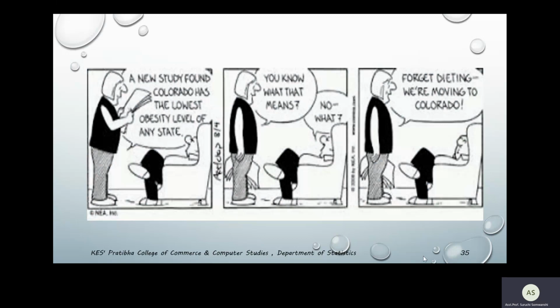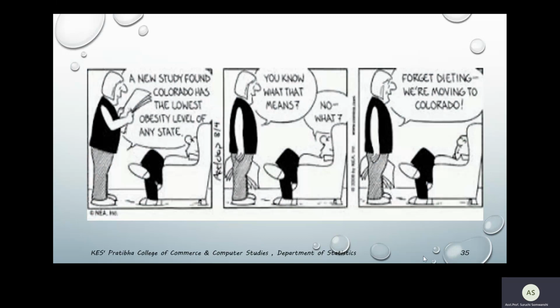So she is thinking that they are living in the wrong state or wrong place. If they move to Colorado, then obviously she is going to lose her weight. But this study only found that Colorado has the lowest obesity level of any state.